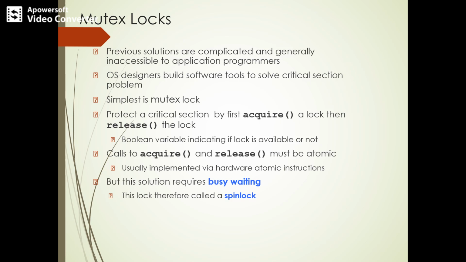So lock variable can be initialized with 0, and if lock is 0, then there is no process in the critical section, and if lock is set to 1, there is a process in the critical section. So mutex is represented by one bit. 0 means unlock and any other value means lock. So whenever a process needs access to the critical section, it checks the condition called mutex lock.